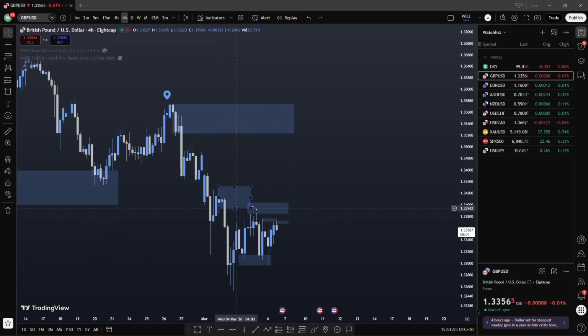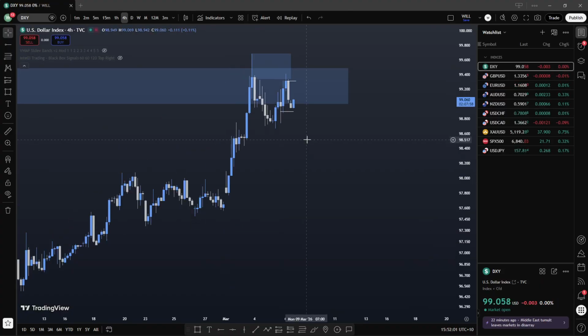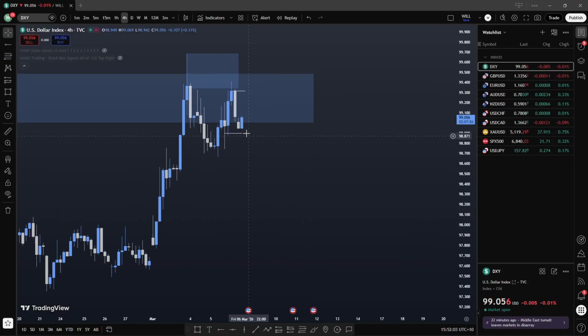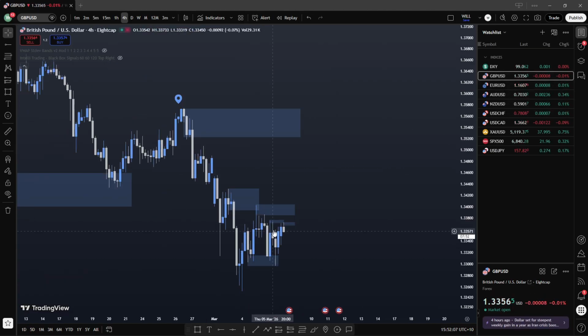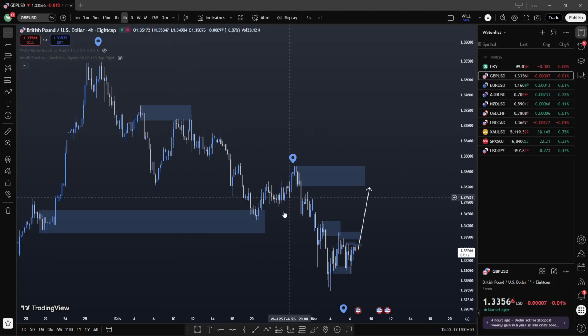So we're holding that strength, that support at this low, and we're looking to push higher. If the DXY does what we want it to and actually breaks structure to the downside, that is perfect because we'll see bullish movement on GBP USD. So we'll see this, and it'll actually head up to the high of this 4 hour range.